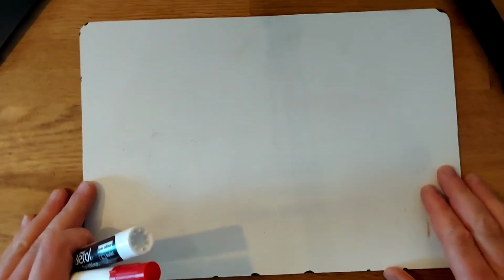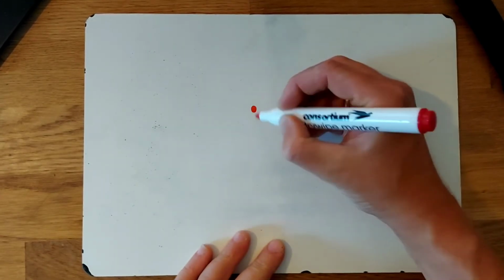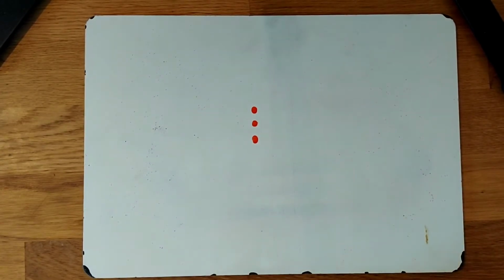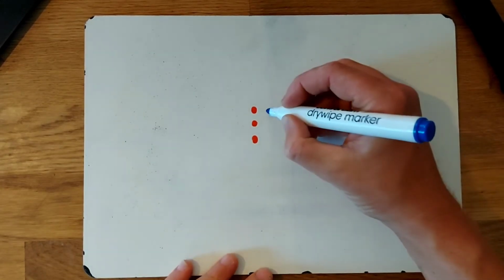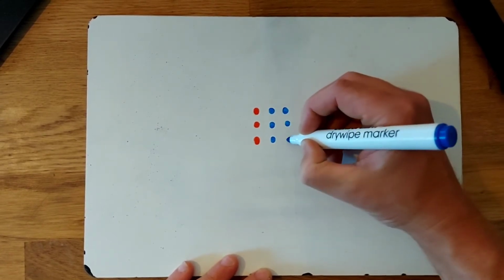So what is an array? An array is just a simple way of showing how times tables work. And times tables is just this really. If I've got 3 things like that, so there's 3 things, and I want 4 times as many, so I want 4 times more, I just go 1, 2, 3, 4.